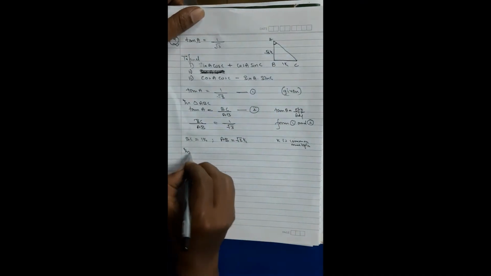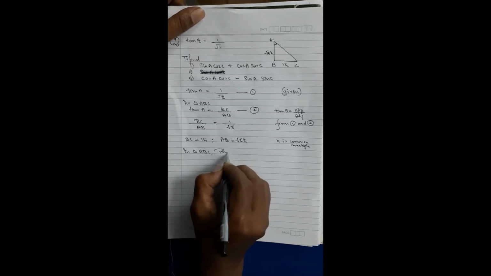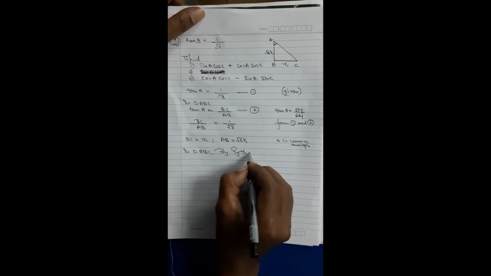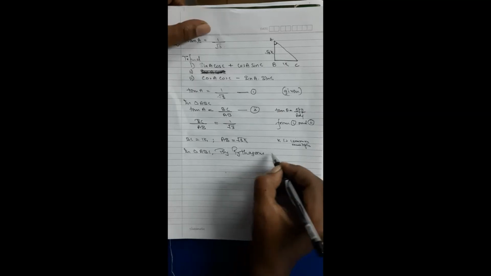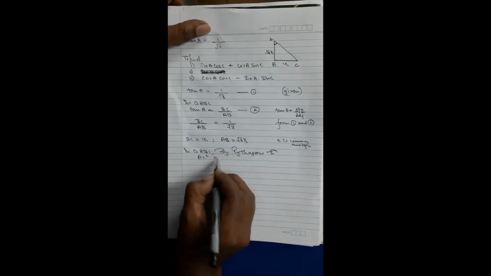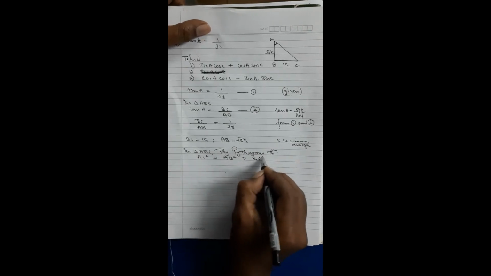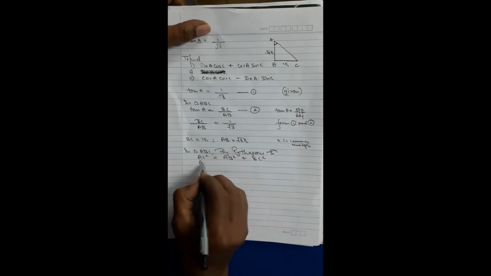Now in triangle ABC, by Pythagoras theorem, AC square is equal to AB square plus BC square. So AC we have to calculate.